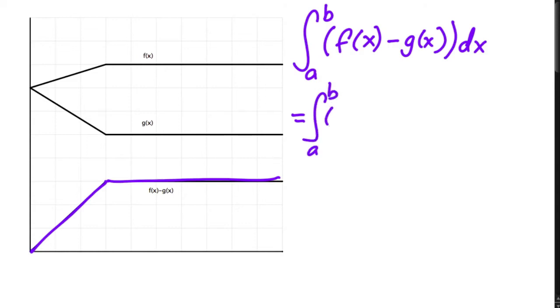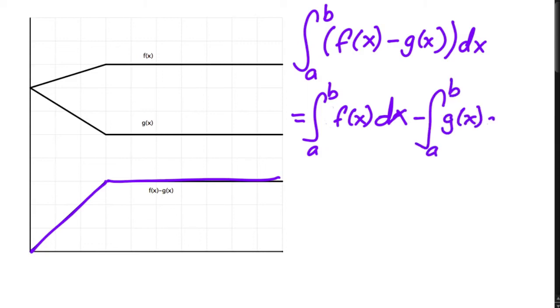So the same way as for the sum, you can split up the difference. Sorry, dx. Let me erase this little extra parentheses, and then minus the integral from a to b of g of x. So just like for the sum, you can separate the difference.